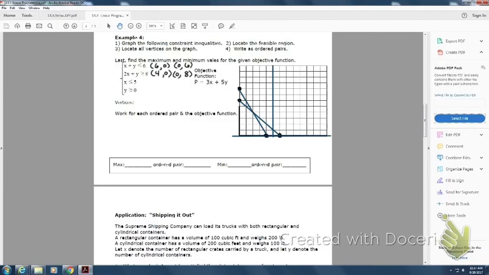So, let's go through here and shade. So the first one, the 0, 6, 6, 0. The sign is less than, so am I going to shade above or below? Above. I'm going to go opposite the sign, opposite the way you think you might shade it.